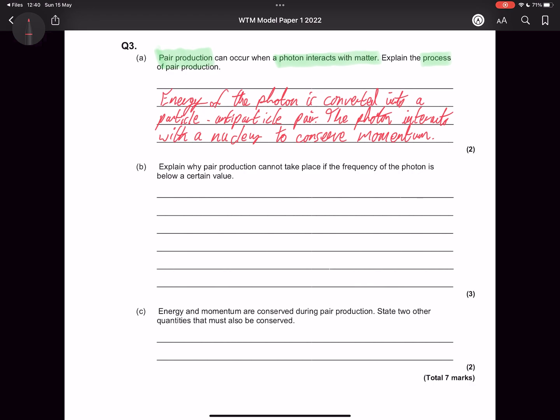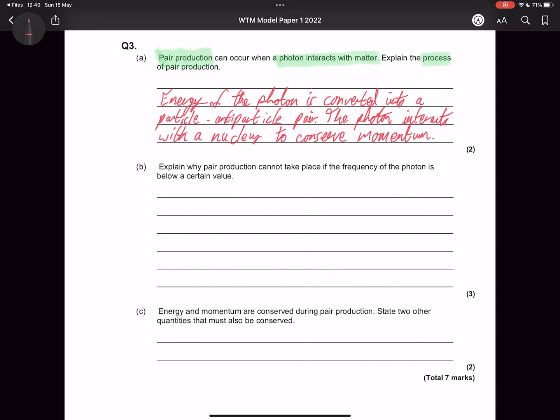Our second question here is about why pair production cannot take place if the frequency of the photon is below a certain value. Now, the fact they've stated frequency rather than energy means we have a very easy first mark to tackle this with.